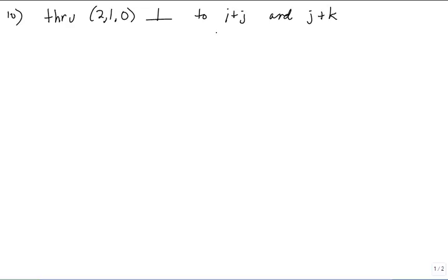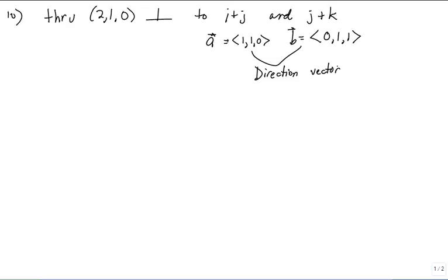The direction vector for this one, or the vector representation, is (1, 1, 0), and for this one, it's (0, 1, 1). So let's let this be A, and this is B, and these are the direction vectors. And we want it orthogonal to that, so we take the cross product.